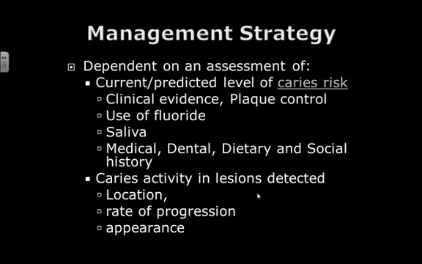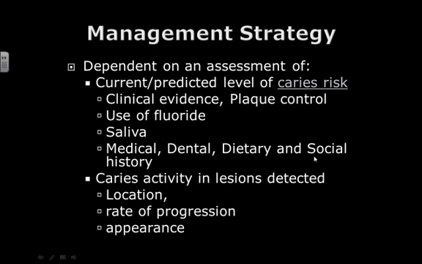We're going to look at the patient's dietary history. Is there a high sugar diet? How often is the patient taking in sugars? With this dietary history, what sorts of foods and beverages are they taking? Are they drinking acidic beverages? Are they ingesting acidic food?